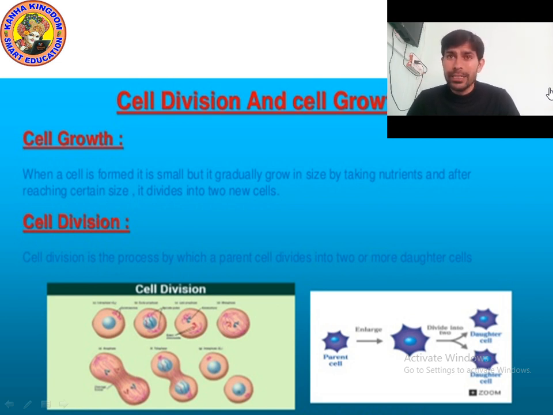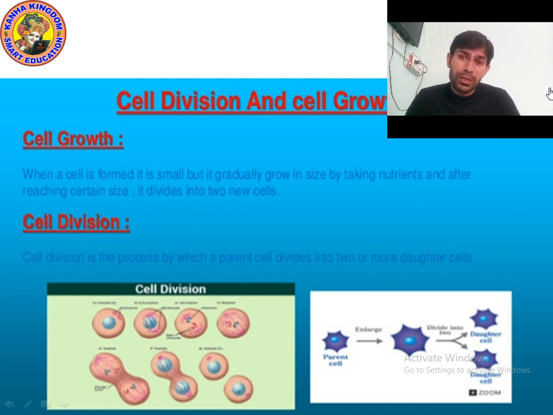Then it divides into two parts. This is known as division, and when the size increases, this is known as cell growth. So what is cell growth? When a cell is formed, it is small, but slowly it starts growing when it takes nutrients.